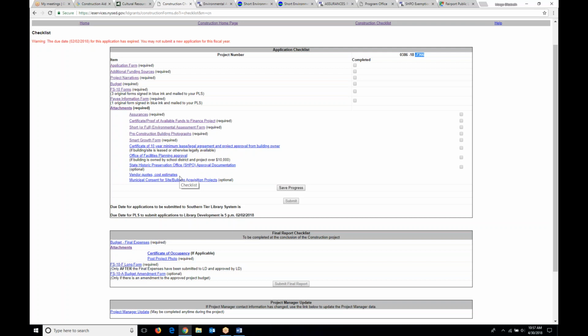So for complicated projects, you might have vendor quotes from multiple vendors because, especially with the complete renovation of a specific space, you might have a furniture vendor, an architect or building professional who's managing the project, a clerk of the works maybe, as well as an electrician and a plumber and a carpenter.